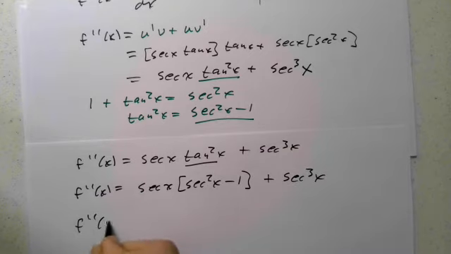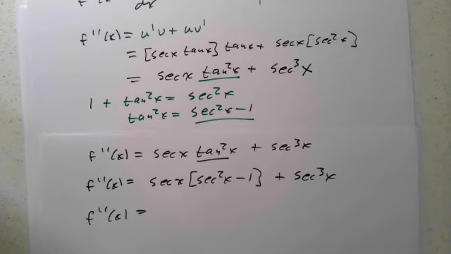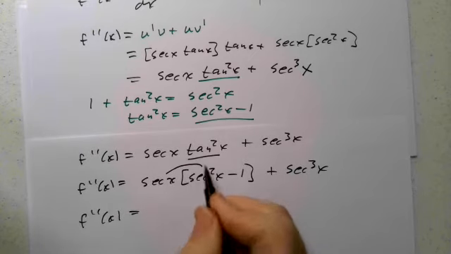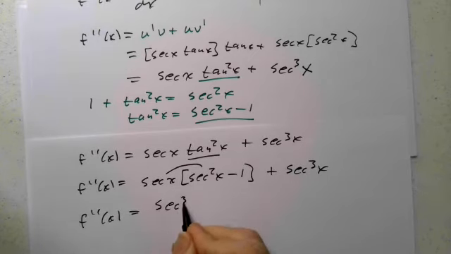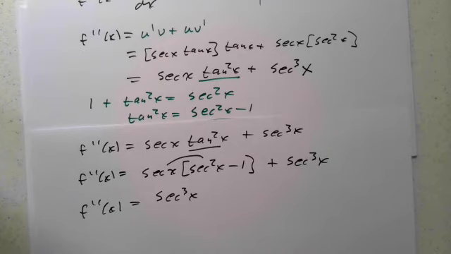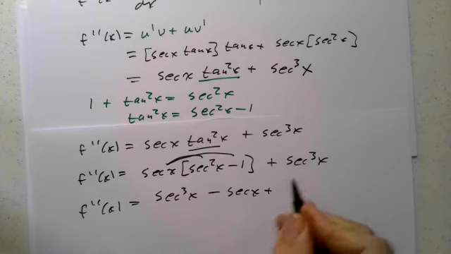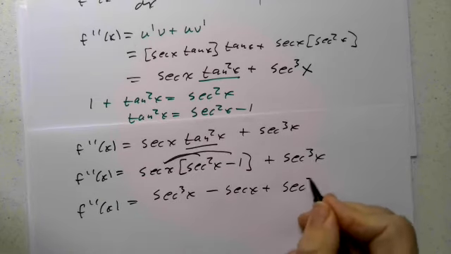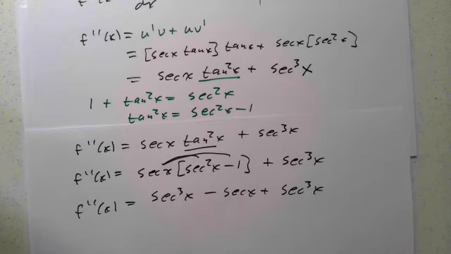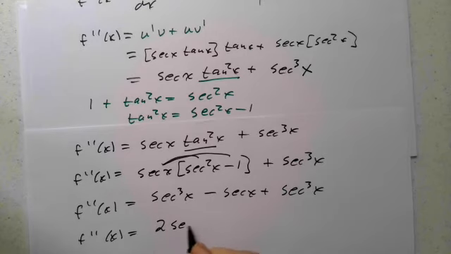So f double prime of x is sec times sec squared, which is sec cubed x, minus sec x times 1, plus sec cubed x. And you can see it has a different feel written this way. And we can say the second derivative is 2 sec cubed x minus sec x. And again, there's many, many other ways you could write it, but that's what we're seeing here.